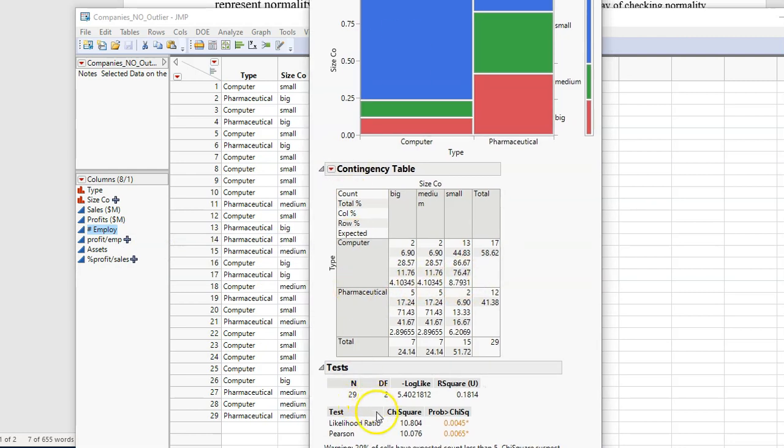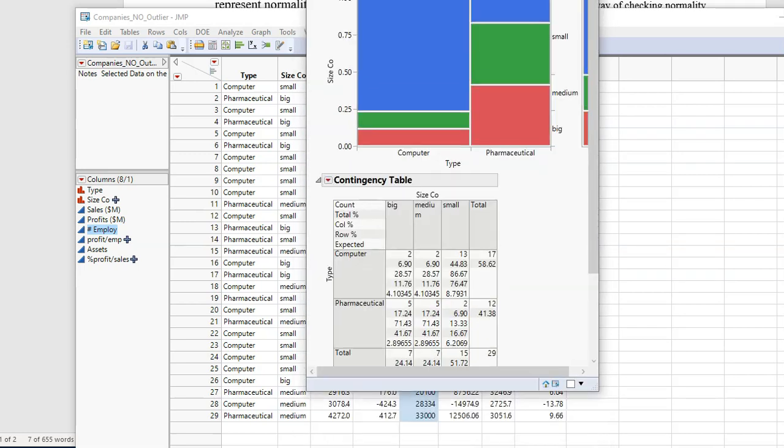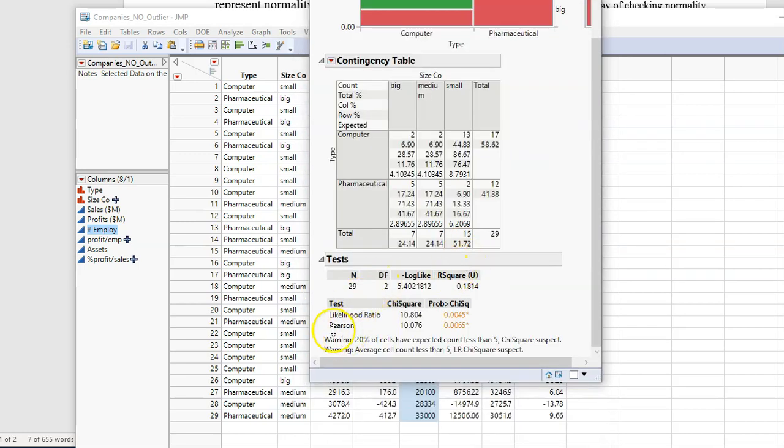What else do we want? Chi-square value, or Pearson chi-square, is down here. Pearson chi-square, 10.076. So that value might be asked. And the p-value is important. Is that less than 0.05? If yes, there is association. Rejecting H0, there is association.